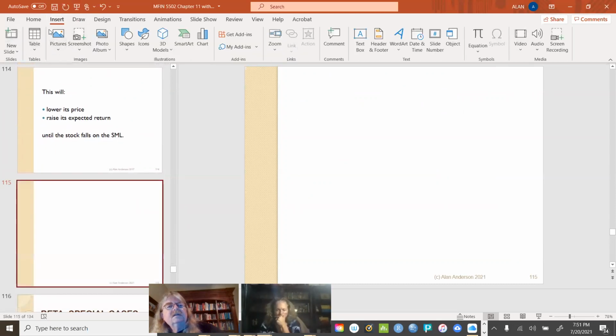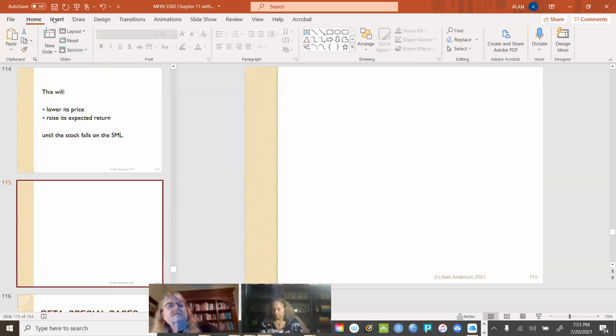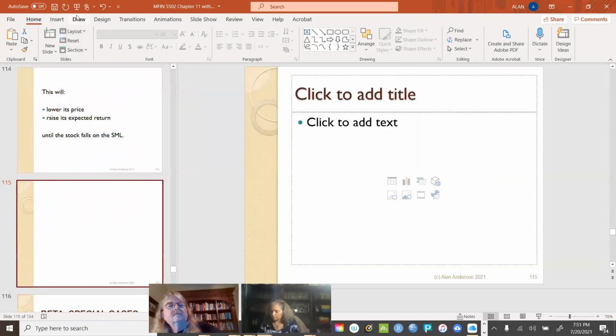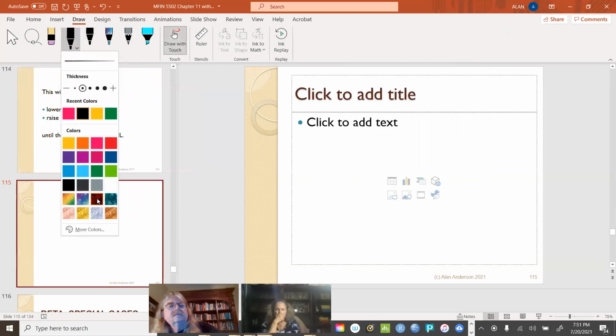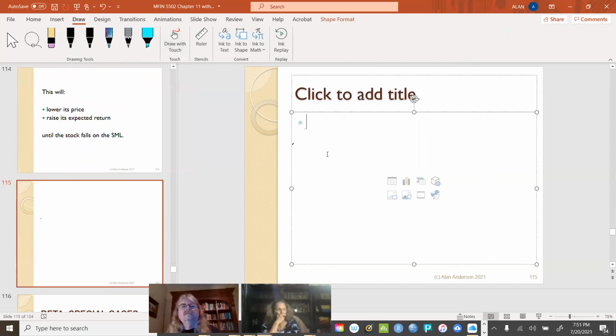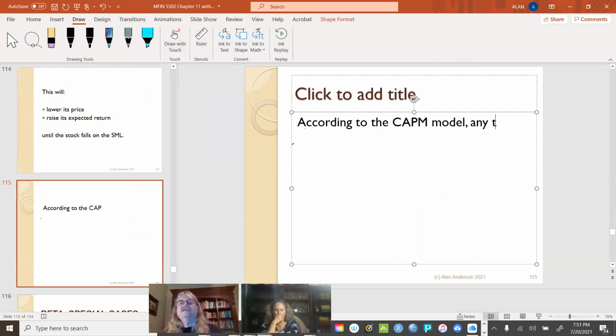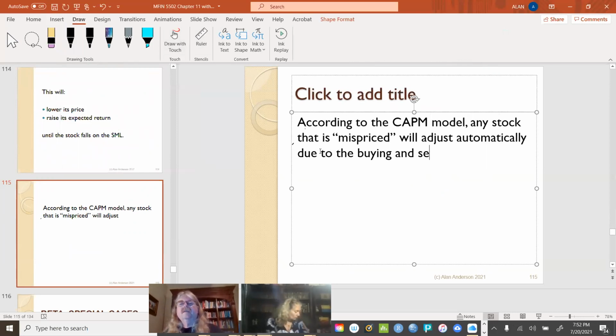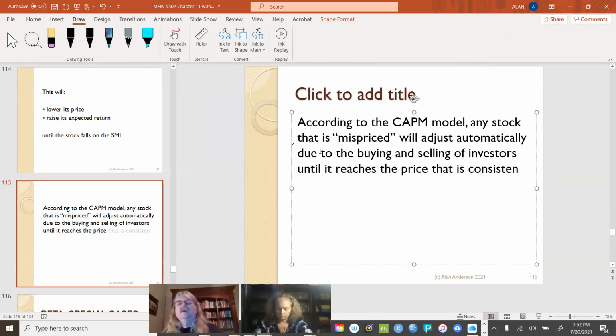Let's add this in here. So according to the CAPM model, any stock that is mispriced will adjust automatically due to the buying and selling of investors until it reaches the price that is consistent with its beta.